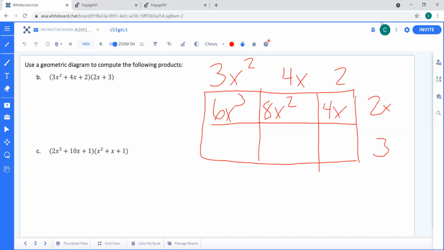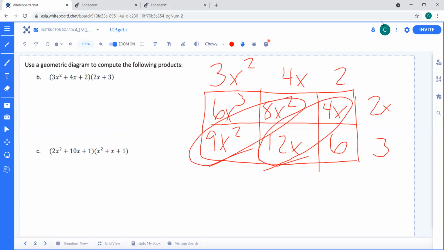Now 3 times 3x squared is 9x squared. 3 times 4x is 12x. 3 times 2 is 6. And then we got to combine these terms. So we're going to have 6x cubed plus 17x squared plus 16x plus 6.